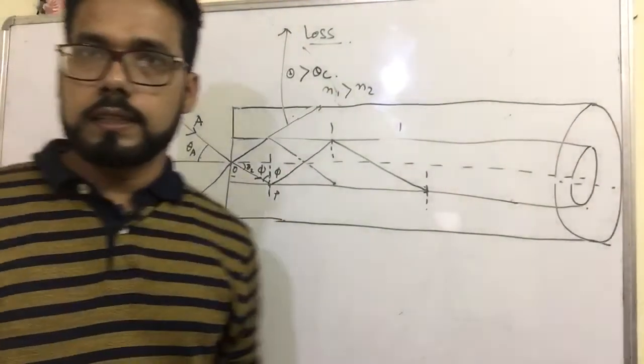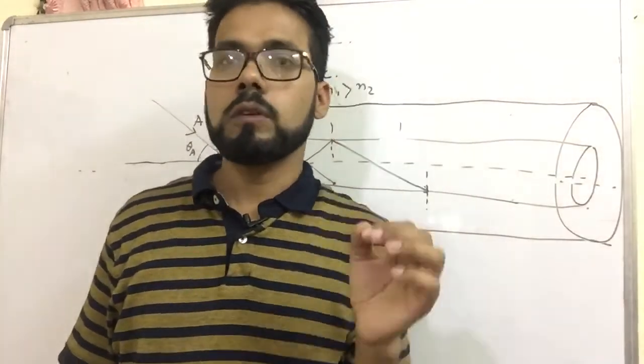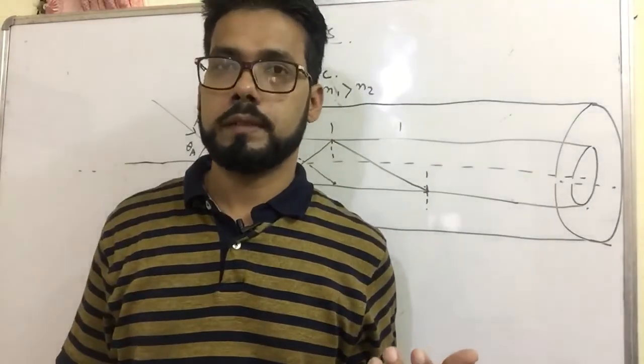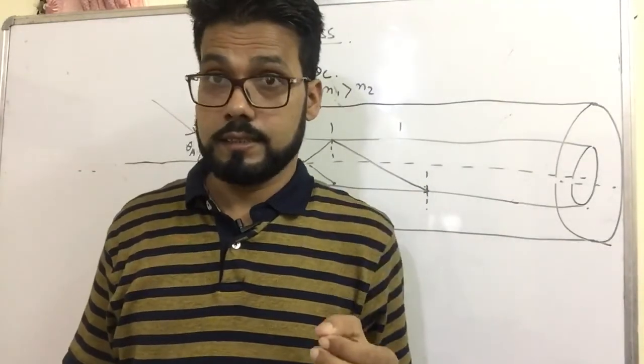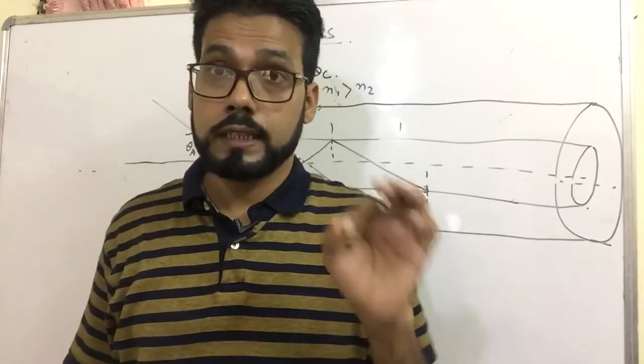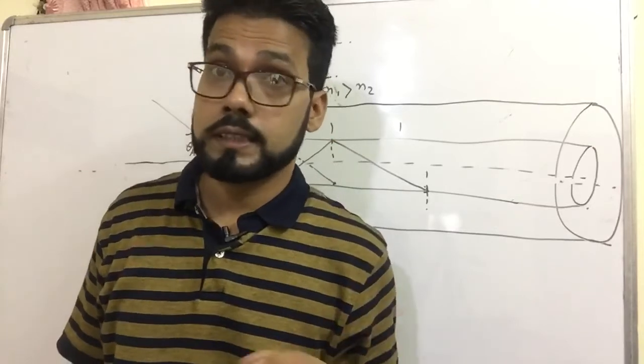What I want to tell you is that at a specific angle of incidence from outside to inside the optical fiber, you have to allow the optical signal or light to fall on the fiber optic cable.